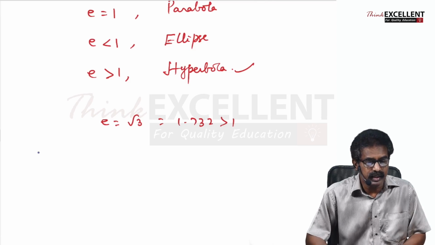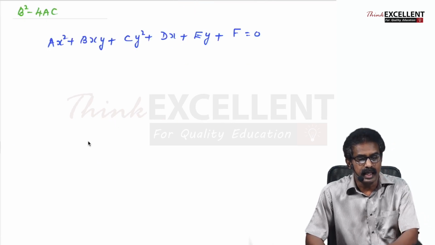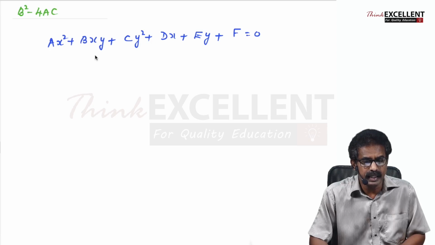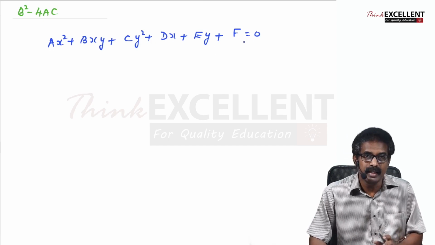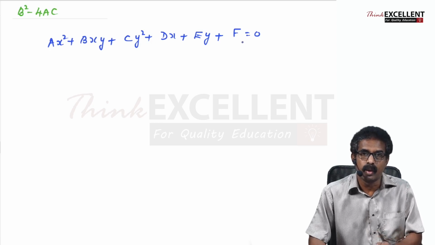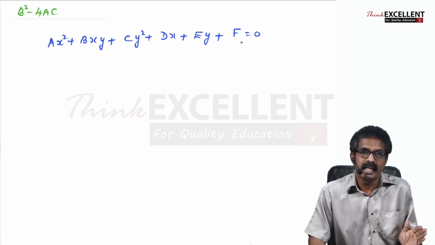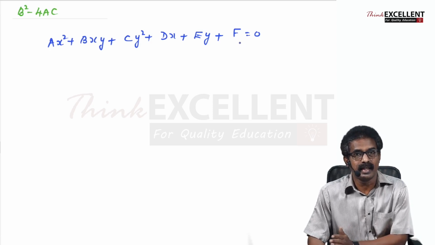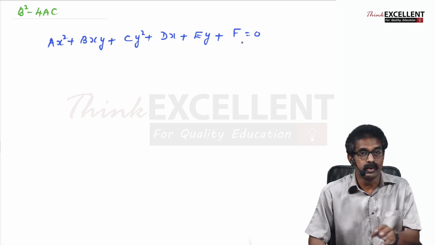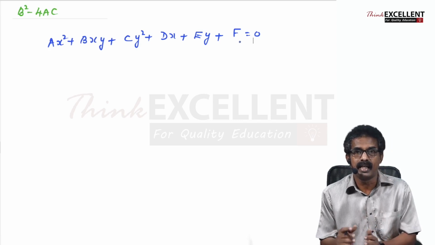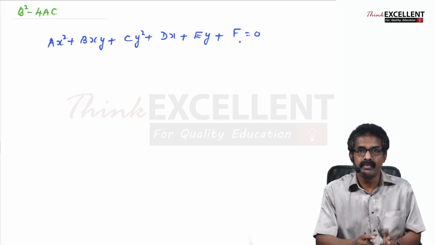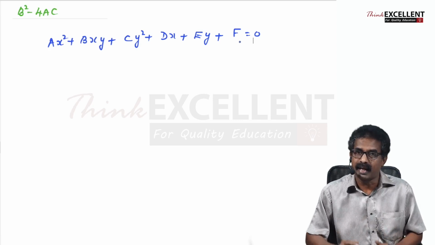But if the equation is given in this form, ax square plus bxy plus cy square plus dx plus ey plus f equals 0, the order is same: x square, then xy, then y square, then x, y, constant. Coefficients we take in order A, B, C, D, E, F. Not like the coefficient of x square is A, coefficient of y square is B, not like that. So first x square, xy, y square, x, y, constant. Coefficients are A, B, C, D, E, F.